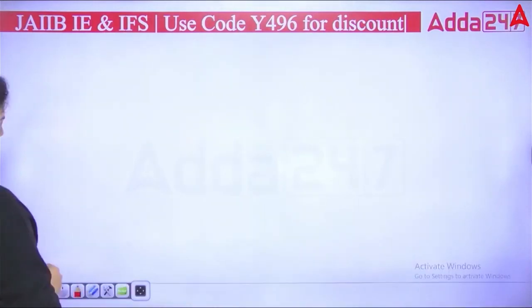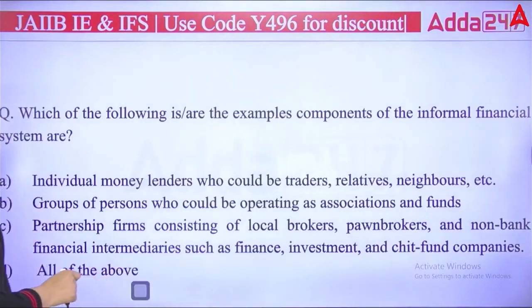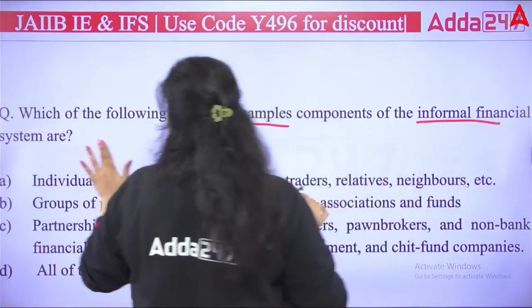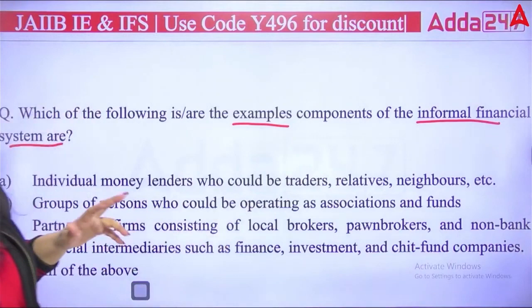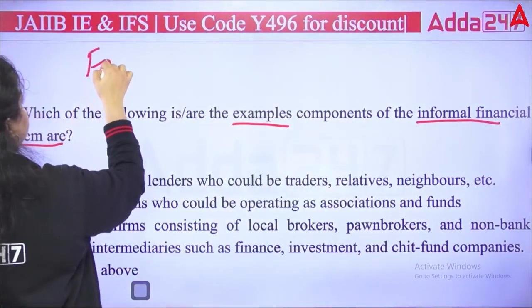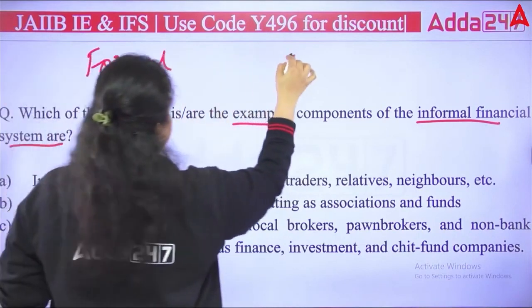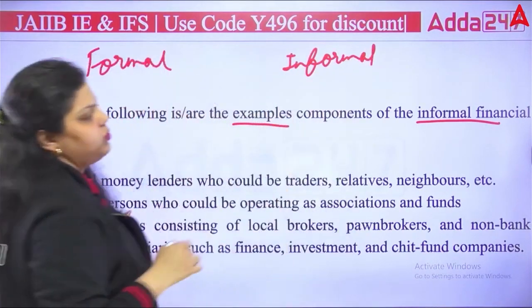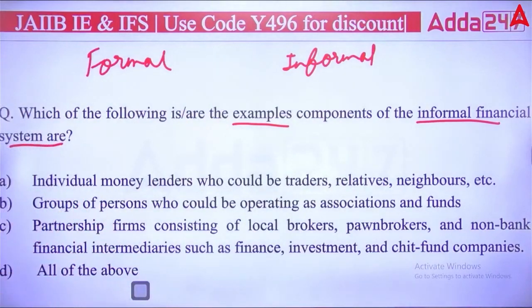Next question. Next we have here, which of the following are the examples component of the informal financial system? So we know the financial system is of 2 types. First is formal, second is informal. The formal financial system is the one in which rules, regulations, restrictions, regulatory body will be there, and informal where there is no regulatory body, no rules and regulation, no terms and conditions.